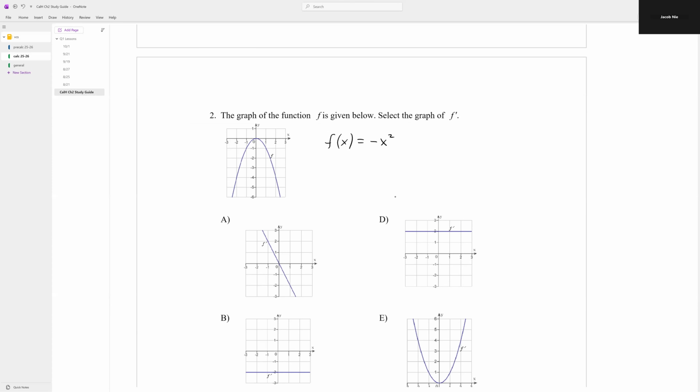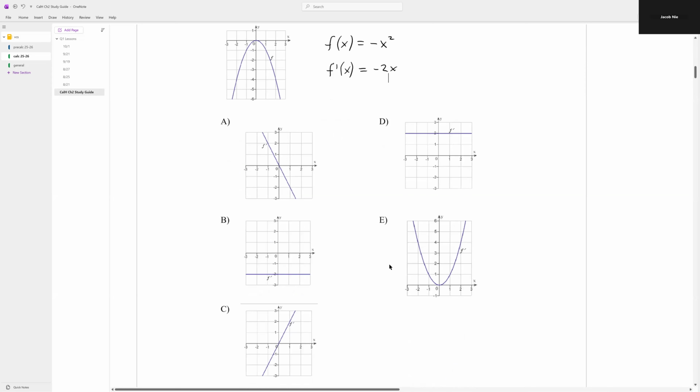And so now we can very easily find the derivative using power rule. And so the derivative is simply negative 2x. And all we need to do now is look at these functions and think about which one most resembles negative 2x. And the answer is A, because we have a linear function with a downward slope. So it's negative 2x.